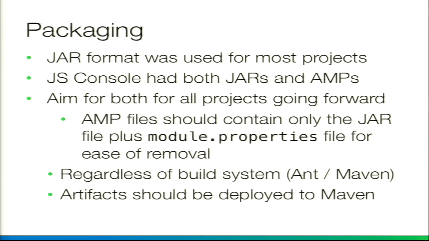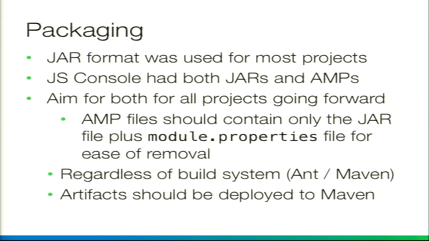One of the things that we've also changed, I mentioned the Maven stuff that we're bringing in for building. Related to that, we're also trying to be a lot more consistent, firstly between individual add-ons, but secondly between us and the rest of the Alfresco community in terms of how we package stuff up and how we give it to people.